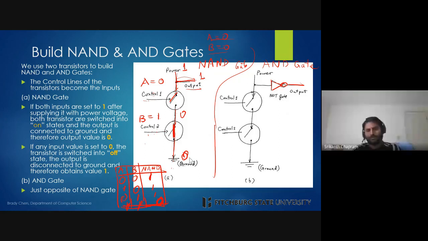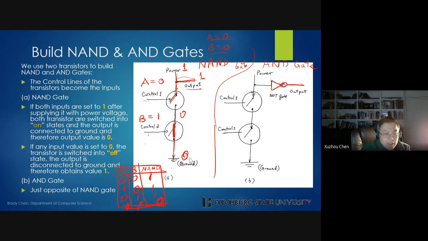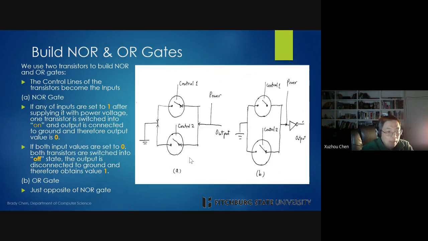Now, based on this, it's easy to see how to build the OR gate. In the NAND gate you build the transistors in sequence, so if you cut any of them, it will disconnect the output from the ground. Now, the OR gate is kind of different. You can build some kind of parallel connection.